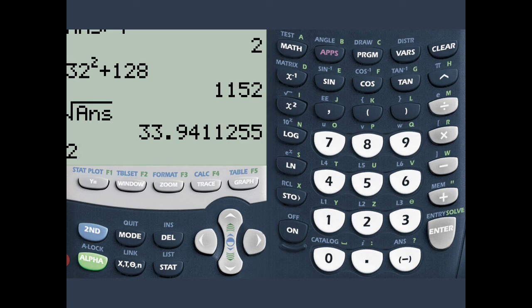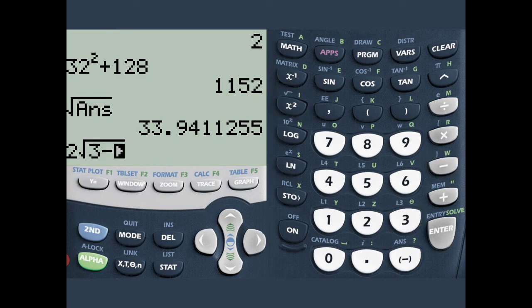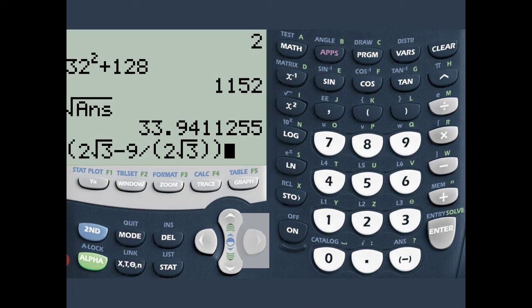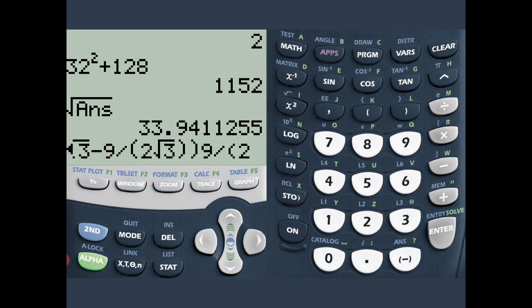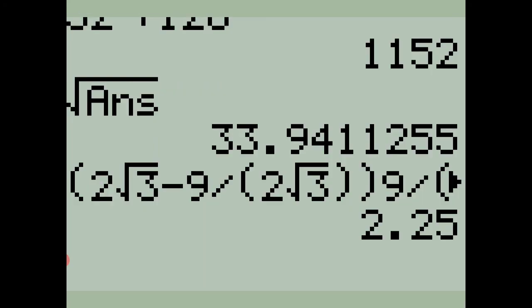So 2 radical 3 minus 9 over 2 radical 3, and all of this times 9 divided by 2 radical 3. 2.25.